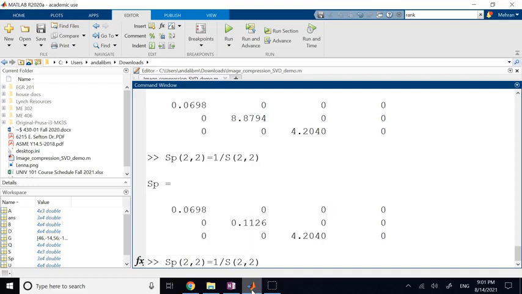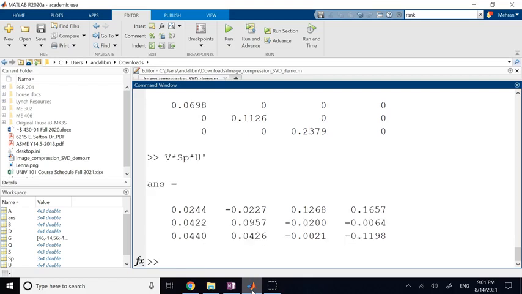Now I change the last one, that 4.20, as well, and there we go. So now that SP is the sigma plus, and now I can say that what I need is V times sigma plus times U transpose.